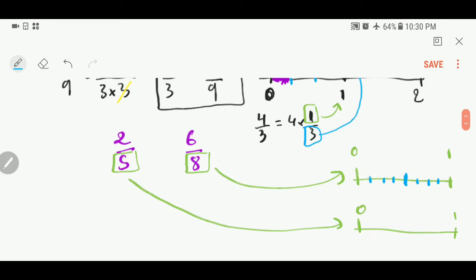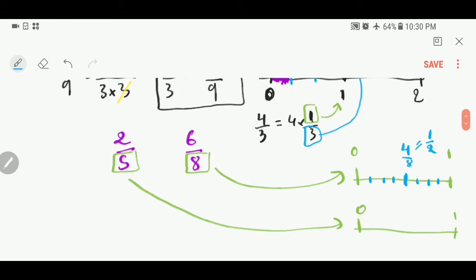So this is 1/8 all the way, 2, 3, 4. This one is 4/8, the one in the middle. 4/8 is equal to what? 1/2.